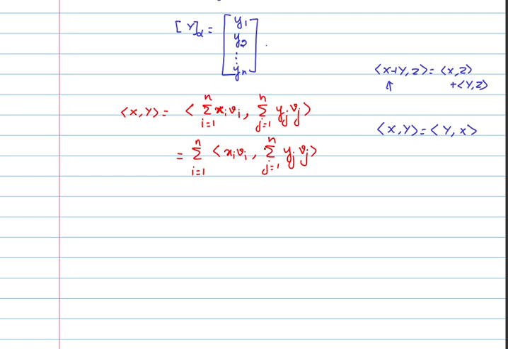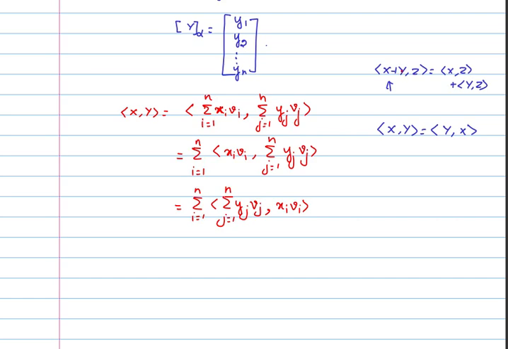Using this property you can switch: summation i equal to 1 to n, summation j equal to 1 to n, yj vj comma xi times vi.